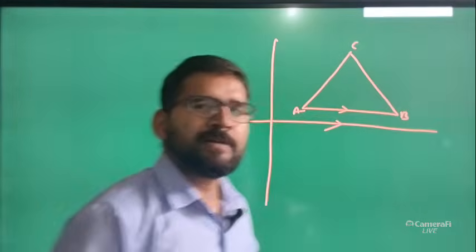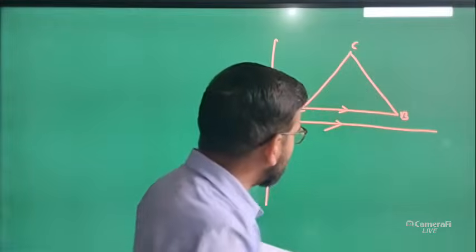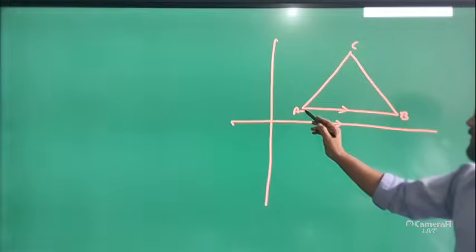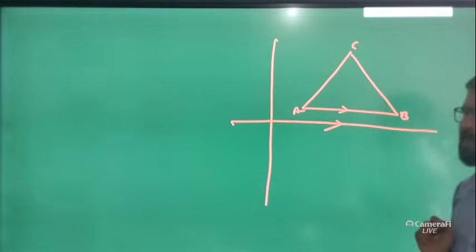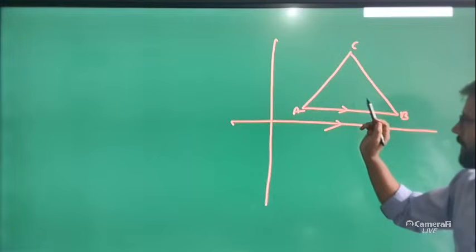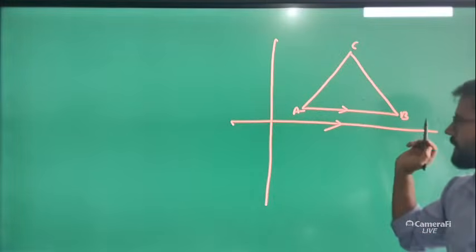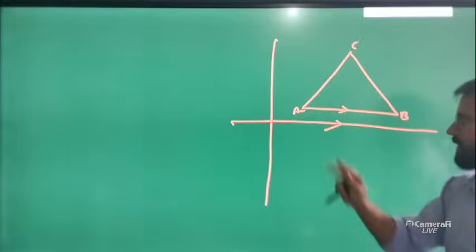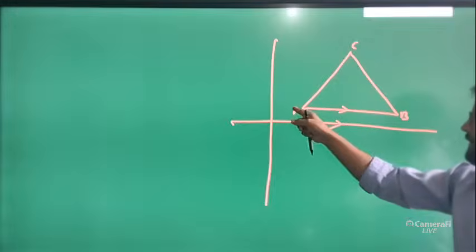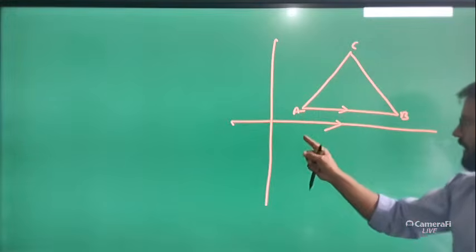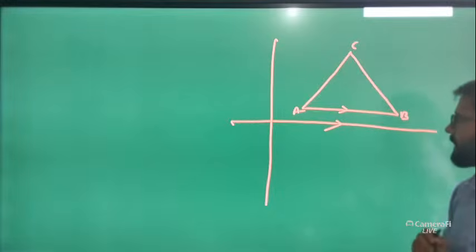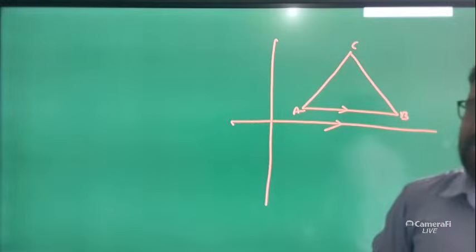AB is parallel to the x-axis. And can you guess what will be the slope of this line AB? Now you will think, sir, they are asking for the slope here. There are two ways to find the slope. One is when we have theta, and the other is when coordinates of the points are given. Coordinates are not there here, that means theta must be given.